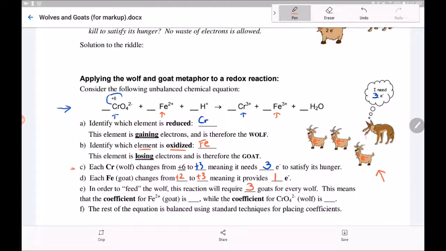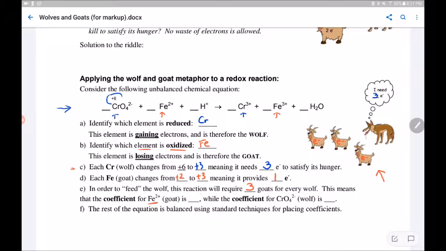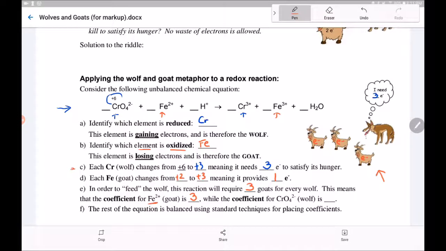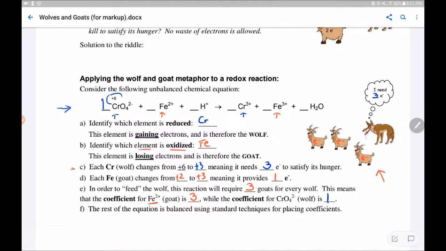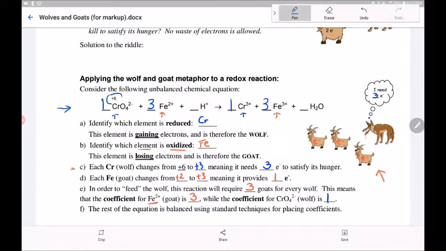This means that the coefficient for Fe+2 is 3. 3 of those. And the coefficient for the wolf is 1. 1 wolf, 3 goats.